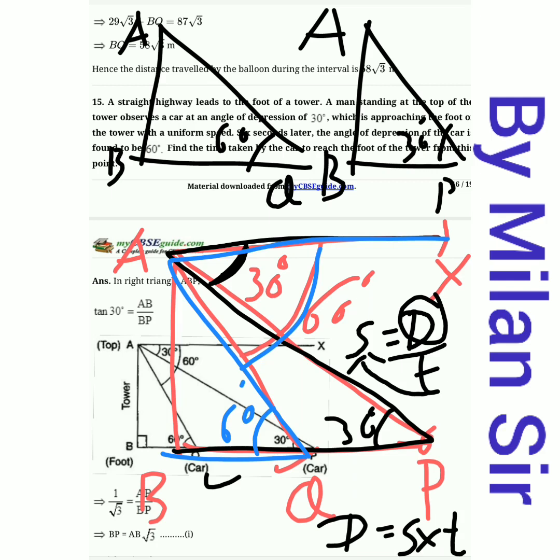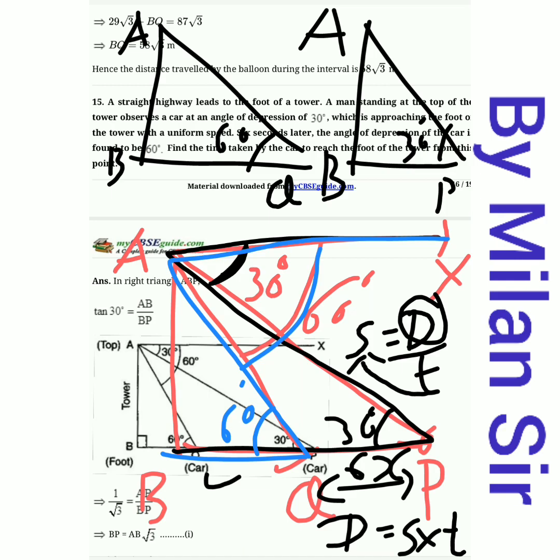Here speed is uniform, so we assume our speed s is uniform. So now we can find this PQ because we know the time. Distance is equal to speed into time. Here it takes 6 seconds from P to Q. So we take speed s equal to x, so PQ is equal to 6x.